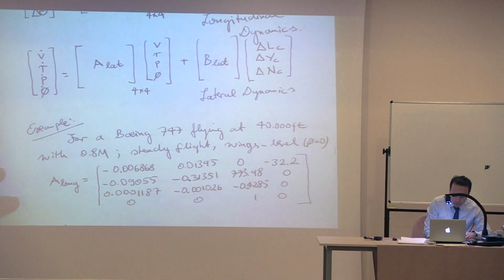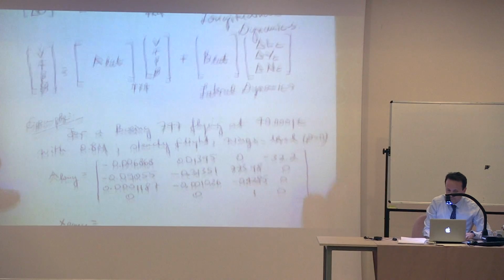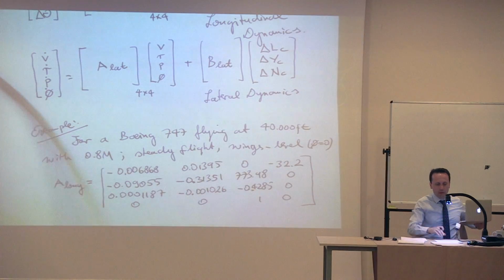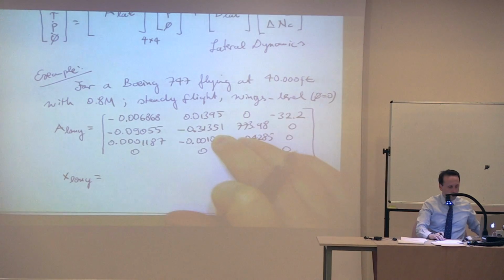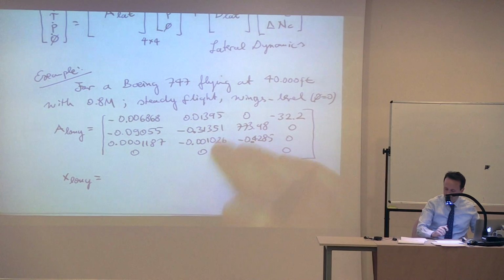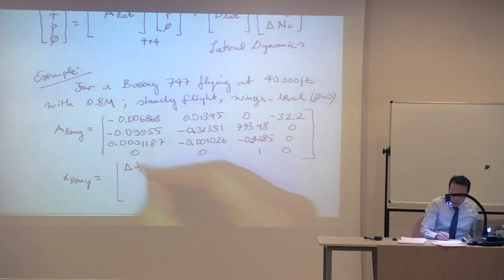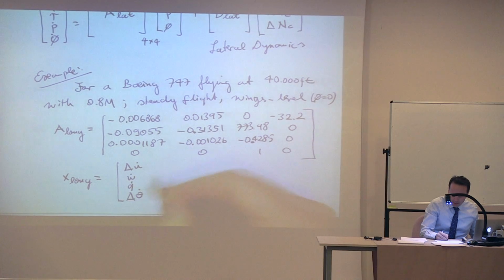And the row looks like this. U dot, W dot, Q dot, theta dot.